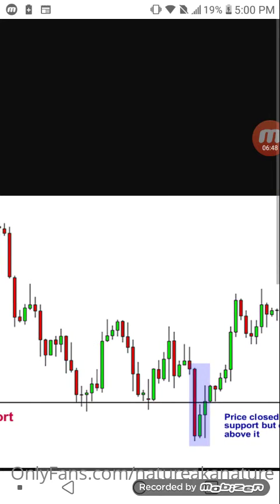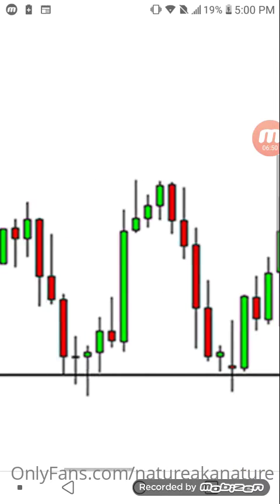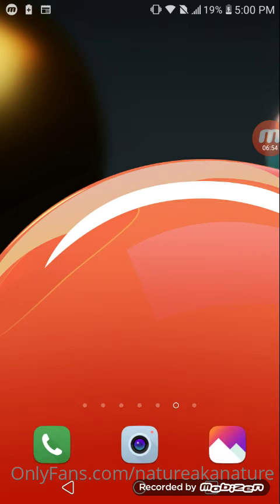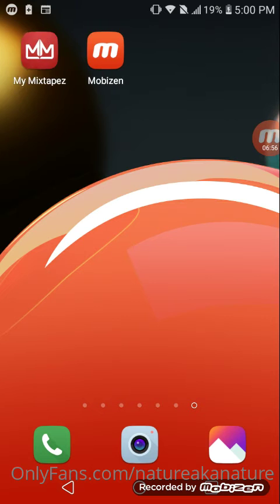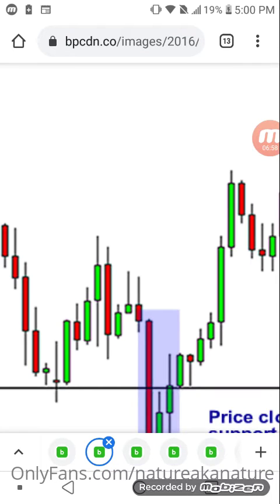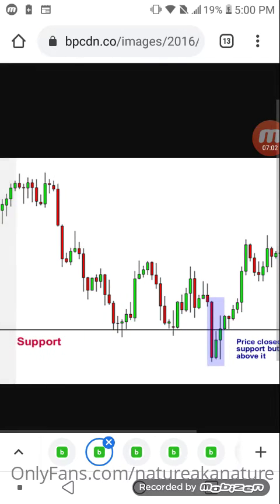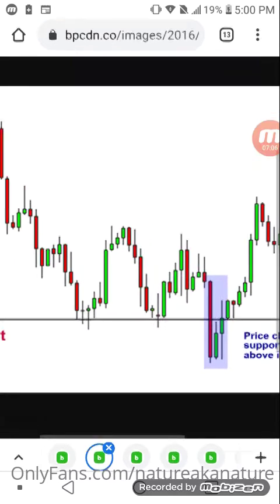You know it's testing it when you see the wicks. When you see the wicks, it lets you know that price is testing it, the candlestick wicks.